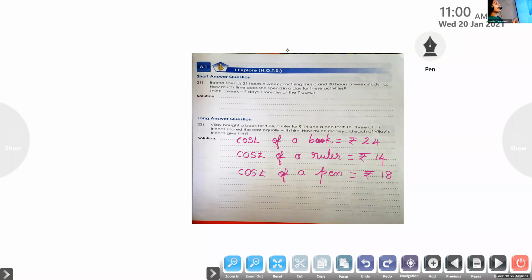So here we have to add all these amounts to find total cost. That is the question they have asked. So total cost is rupees 24 plus rupees 14 plus rupees 80.